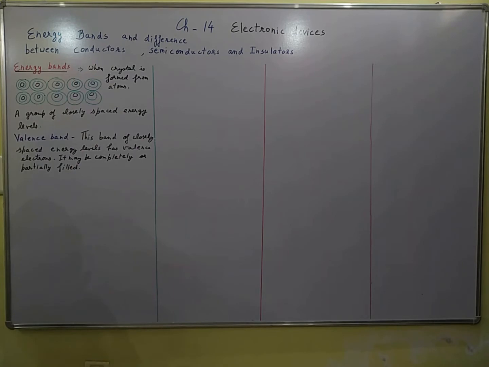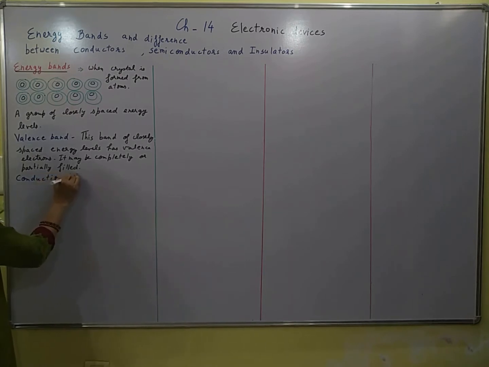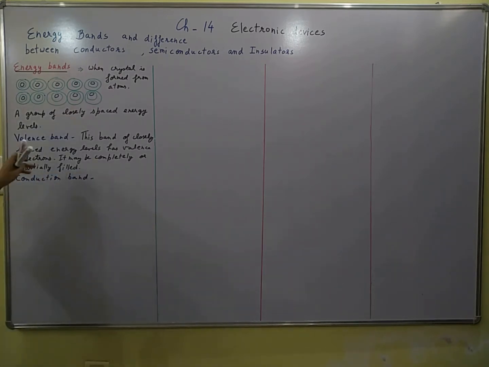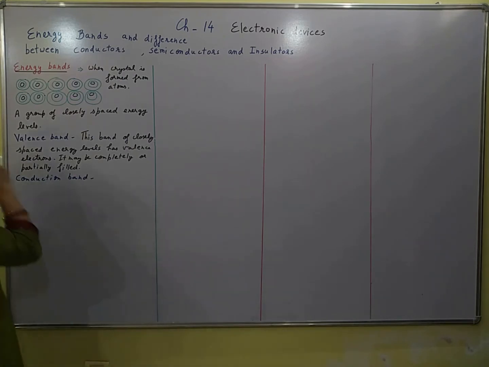Then we have the conduction band. This band of closely spaced energy levels has conduction electrons or free electrons.